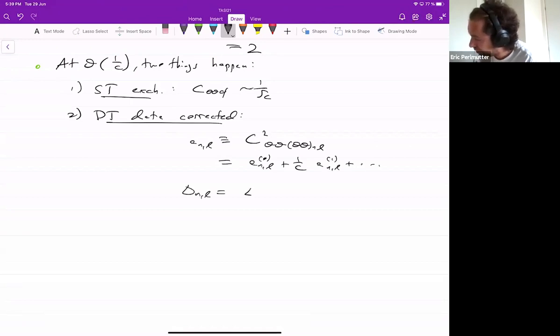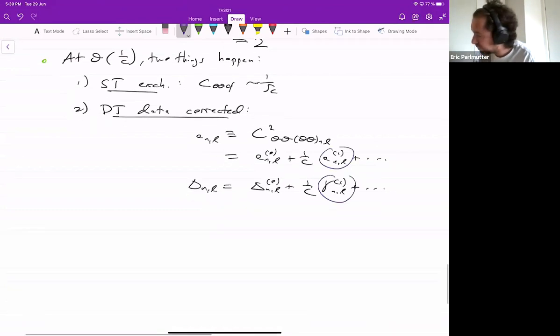And the dimensions also receive corrections. So part of what one is computing when you compute tree level correlators are these corrections.